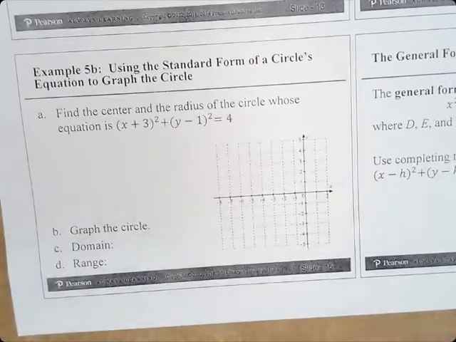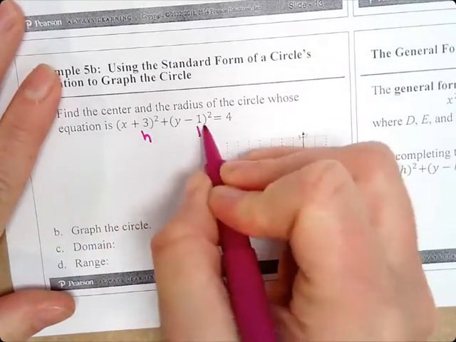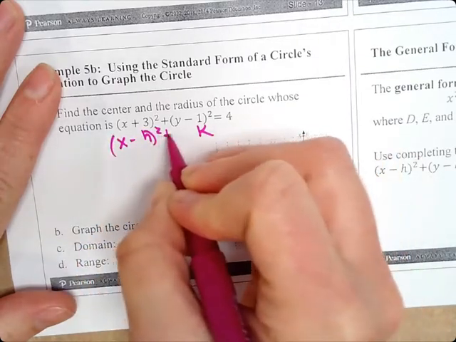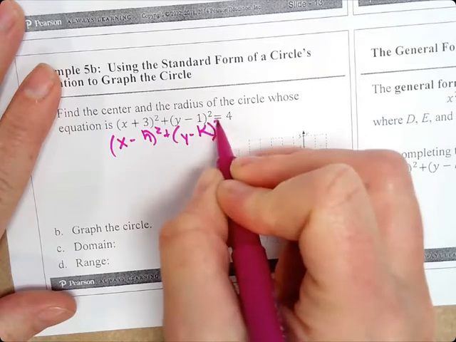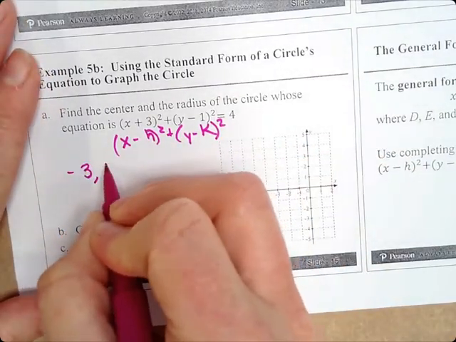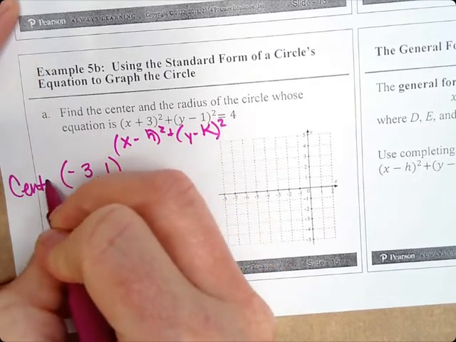Let's look at the next one. (x plus 3) squared plus (y minus 1) squared equals 4. So remember our formula is (h, k). So yeah, -3 is our h, k is 1. So that's our center.